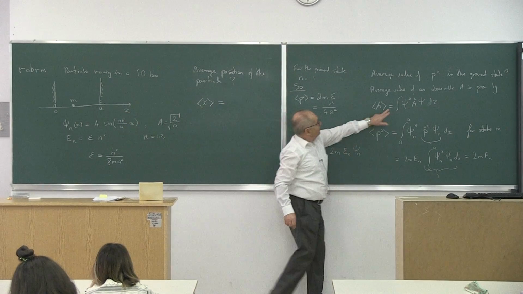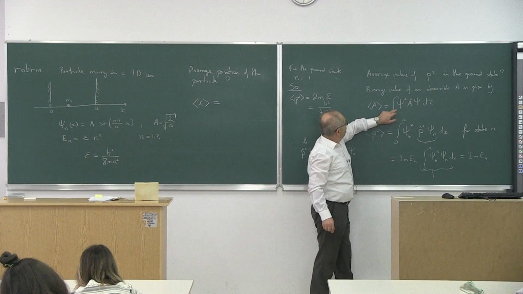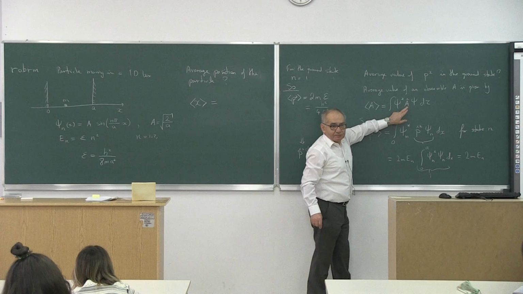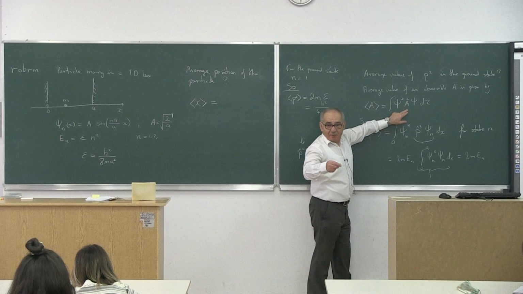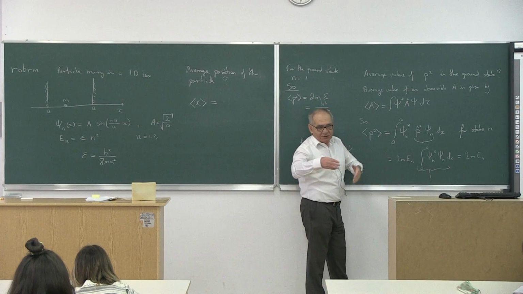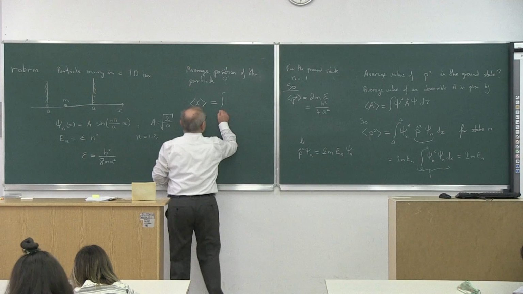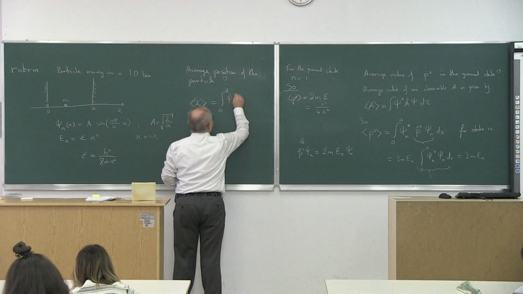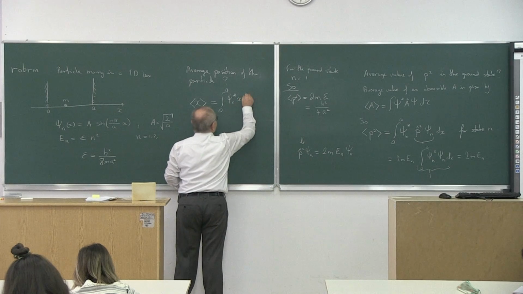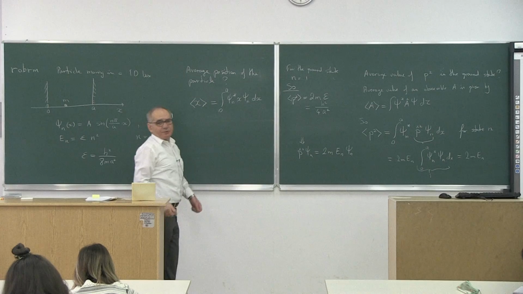According to the same expression here, the average value expression, we just put X here for the operator. But X is a multiplicative operator, so it just multiplies. So it is this expression.